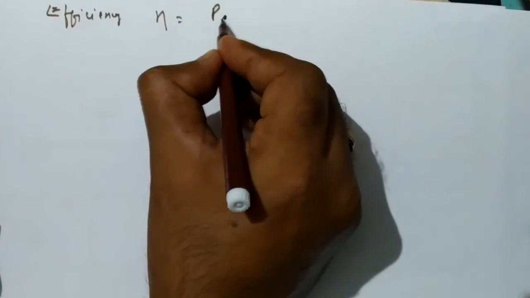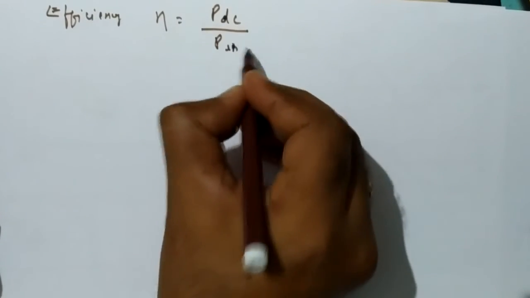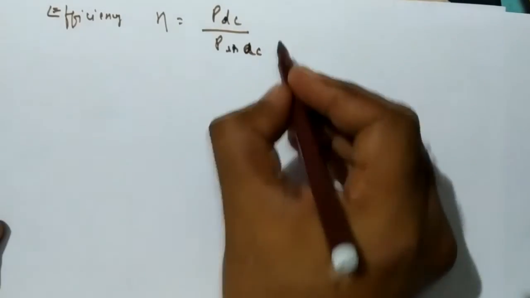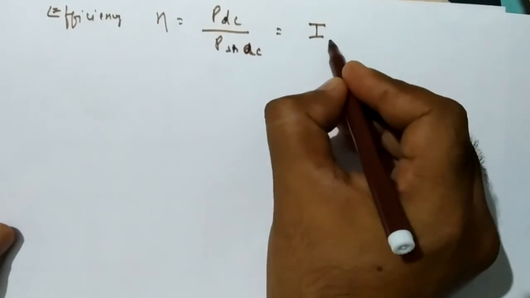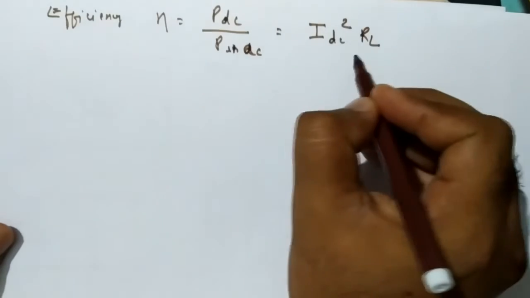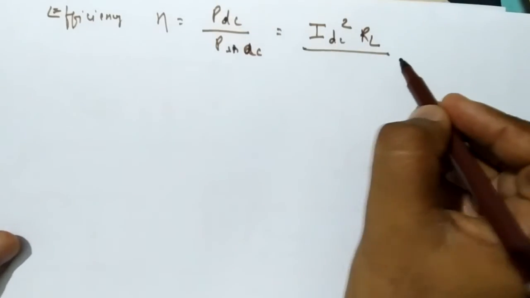What is efficiency? Efficiency is nothing but the ratio of DC power to input AC power. Now, what is the DC power? DC power is I DC square into RL, because P is equal to I square into RL, divided by what is the AC power.